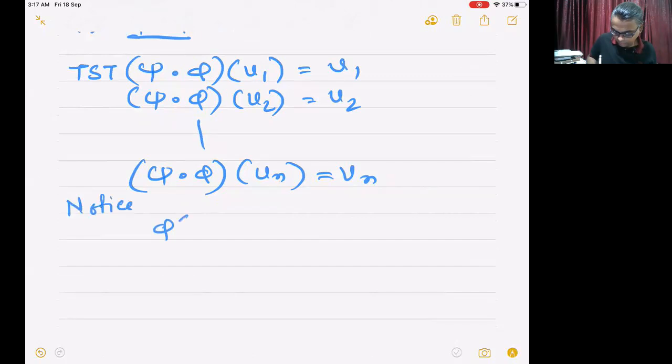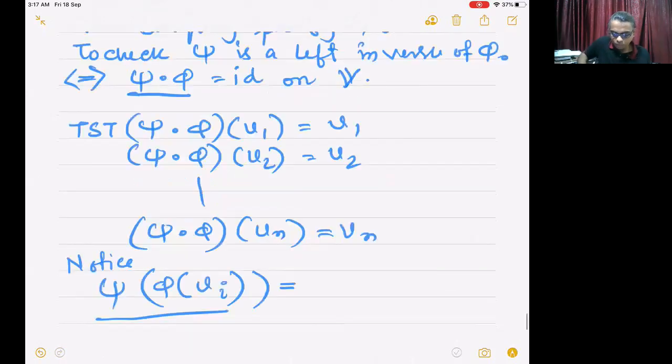Just notice, psi phi Vi, this is the composition, the meaning of the composition, right? Psi acts on phi Vi and sends it where? We have already specified.